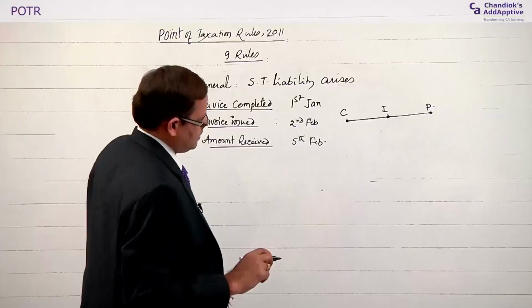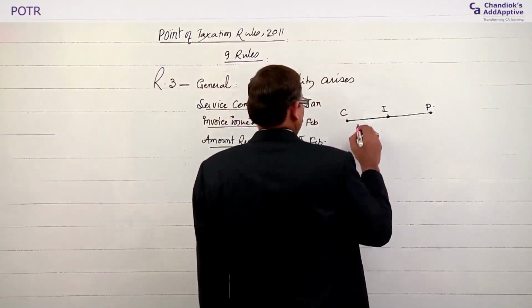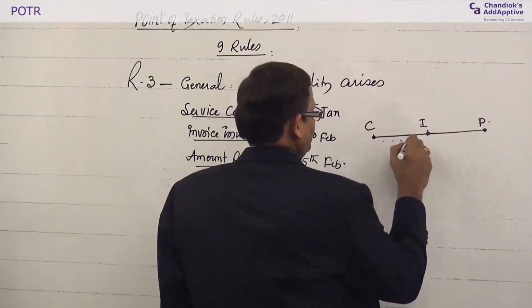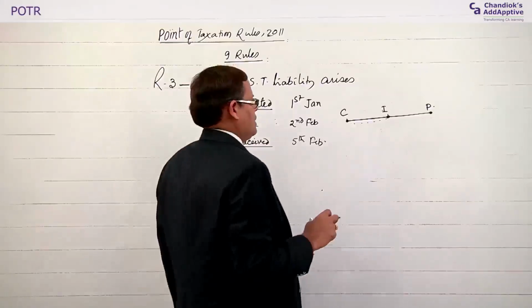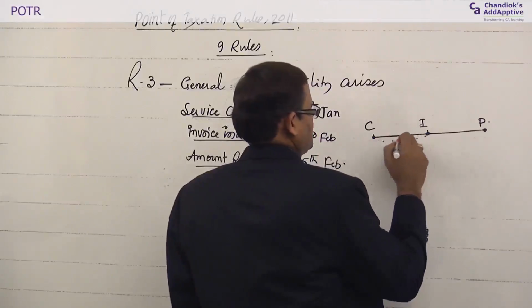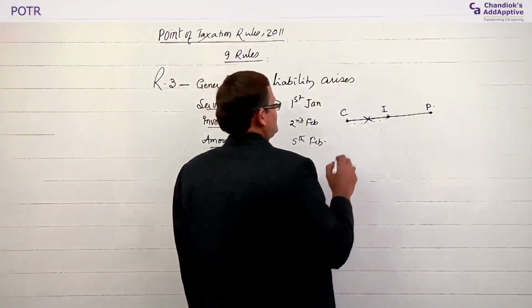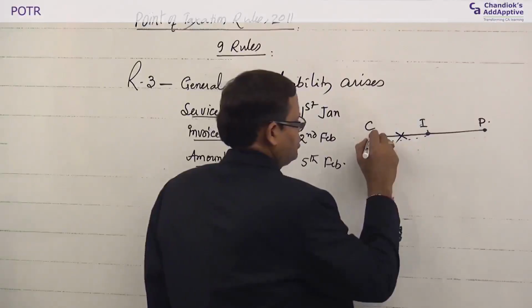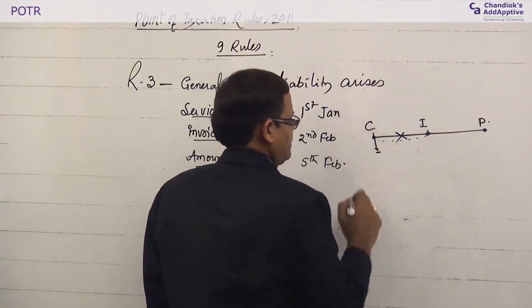But what is relevant here is, you have taken more than 30 days, 1st January to 2nd February. So, because you have taken more than 30 days, this grace period is not available. Then the invoice is said to be issued on the date of completion itself.